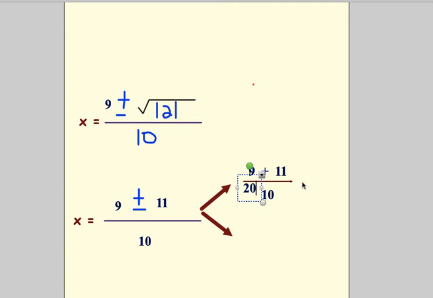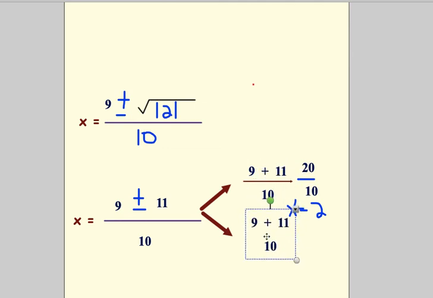So I've got 20, and I'm dividing by 10. Well, what is 20 divided by 10? It's 2. So one of my answers is going to be x equals 2. So that's one answer. And if I remember correctly, I'm going to get 2 answers on this one.